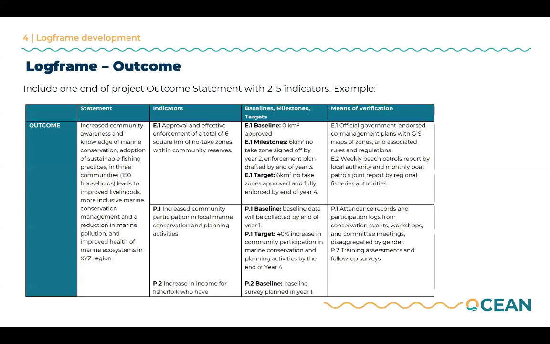The milestones are some targets on an annual basis, and your target is your end of project target. In some cases, it might not make sense to have milestones, so you don't need to include it for those types of indicators. But for all of your indicators, you need to provide some means of verification that are related to that indicator so that it's possible to see whether the indicator has progressed or not.